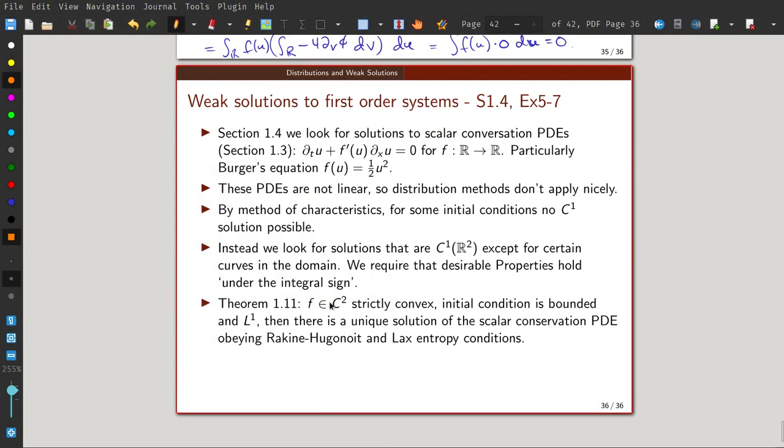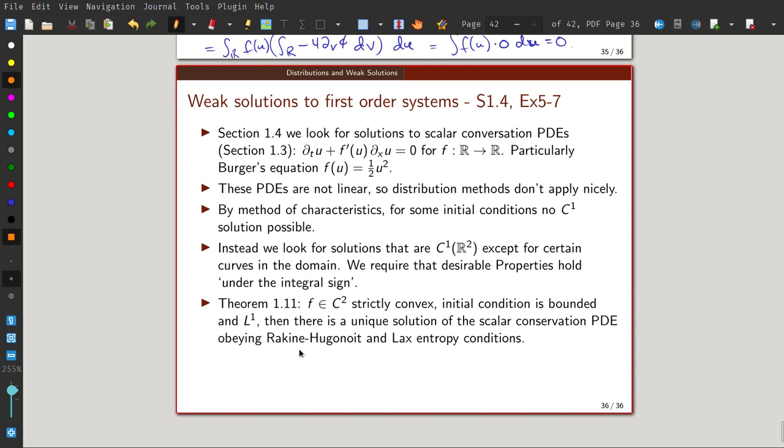And we did manage to prove, or almost prove, a nice theorem: if the function f in the conservation law, which is half u squared, is strictly convex, so for example Burgers' equation has this property, and the initial condition is bounded and integrable, then there is a unique solution in the sense of weak solutions defined for these scalar conservation law problems, obeying the Rankine-Hugoniot and the Lax entropy conditions.